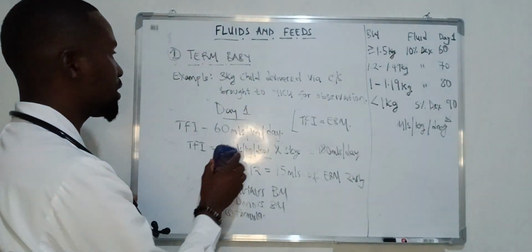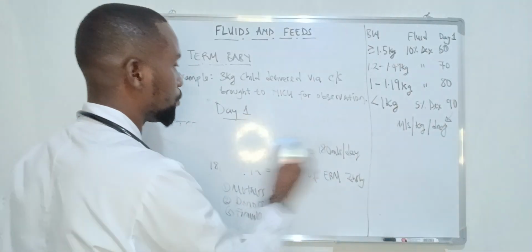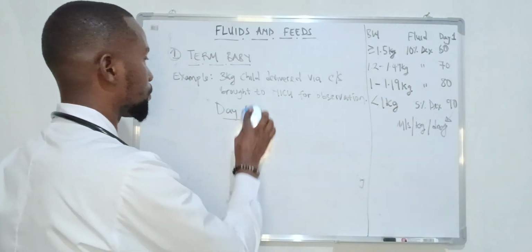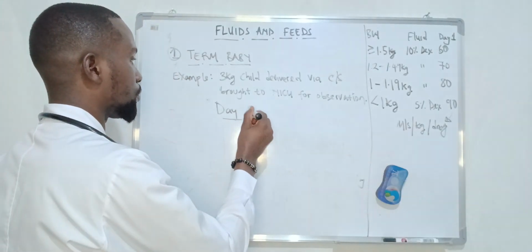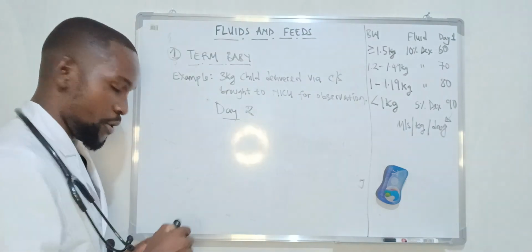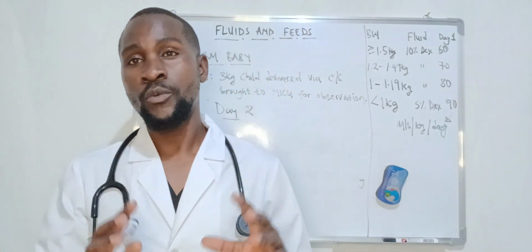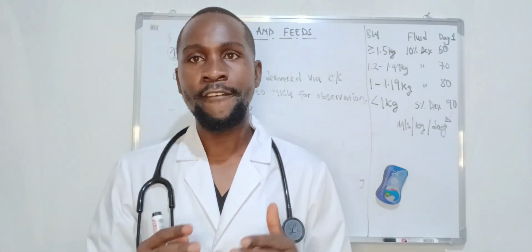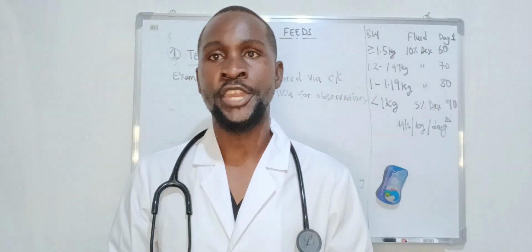So now, this is our day 1. How do we feed this child on day 2? Now, what you should understand is that when you are feeding the child, the TFI is supposed to be increased by 20 meals every day.